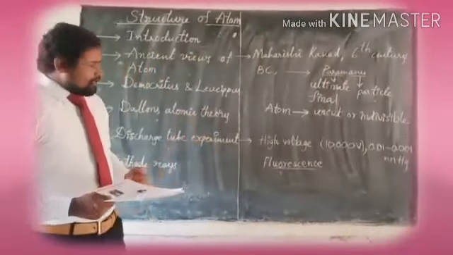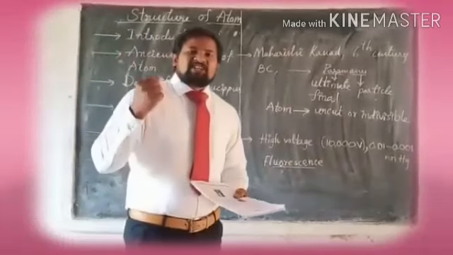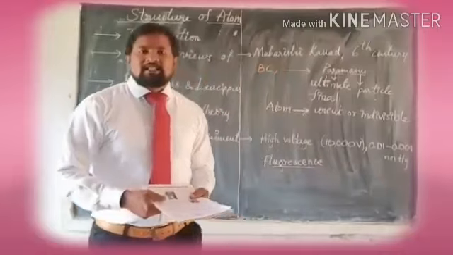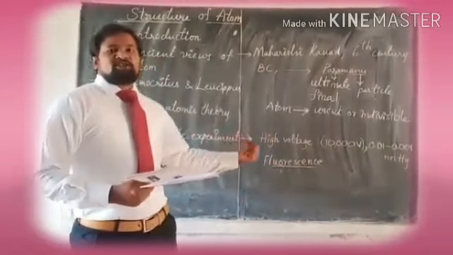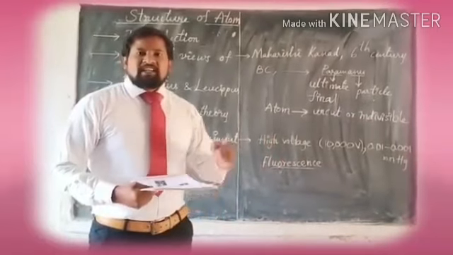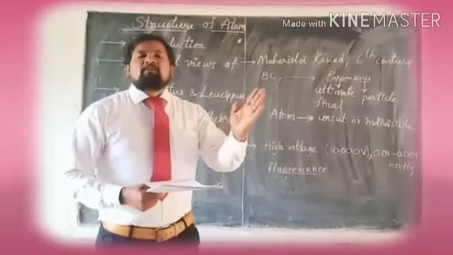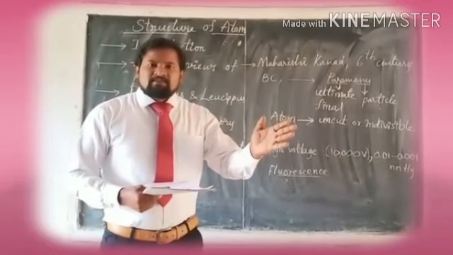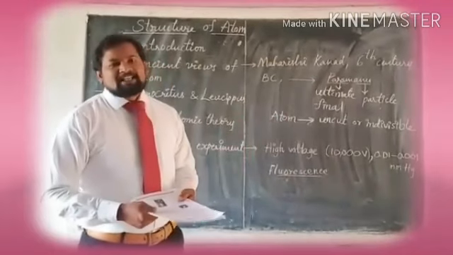Okay, now here another topic is very essential for us to understand the further topics about this atom, that is the discharge tube experiment. In order to know how the atom was made up and to study it keenly, we need to know about this discharge tube experiment.